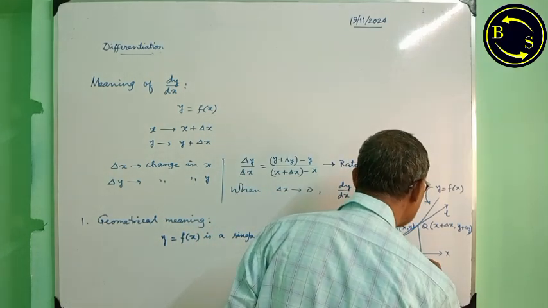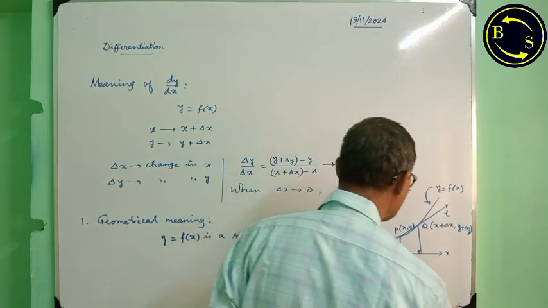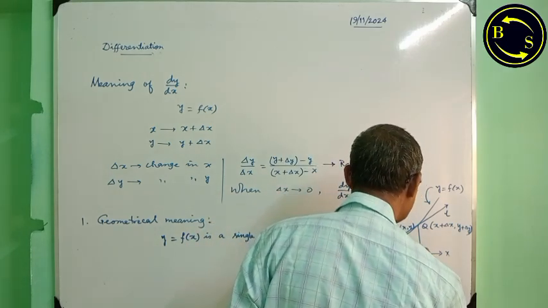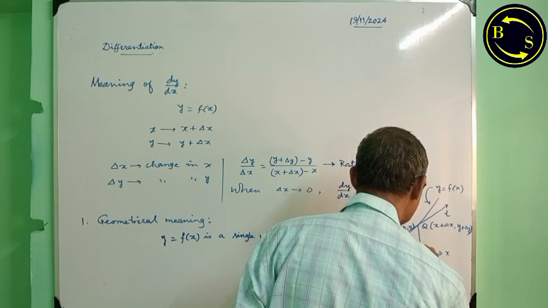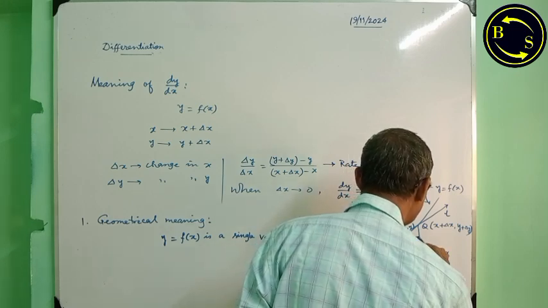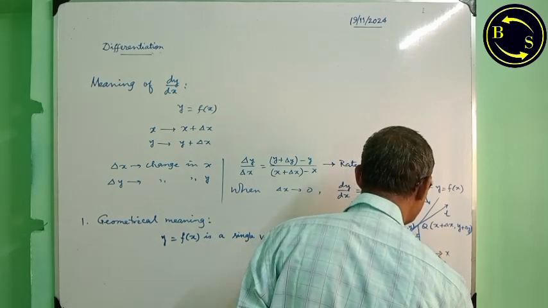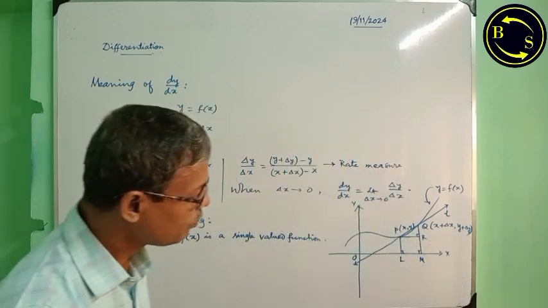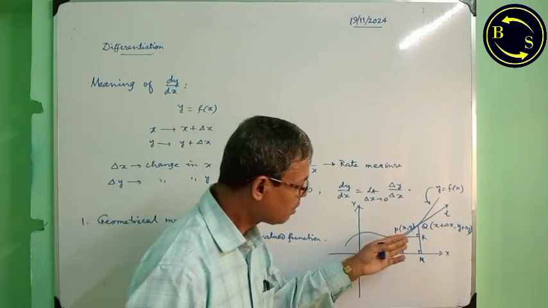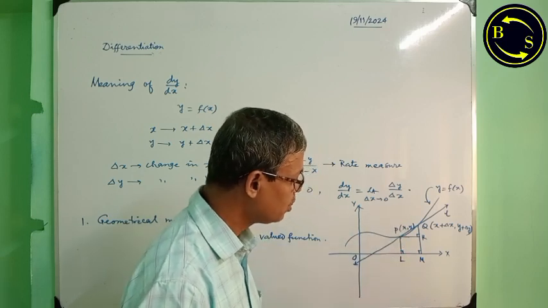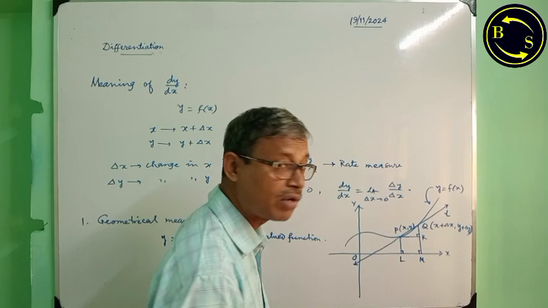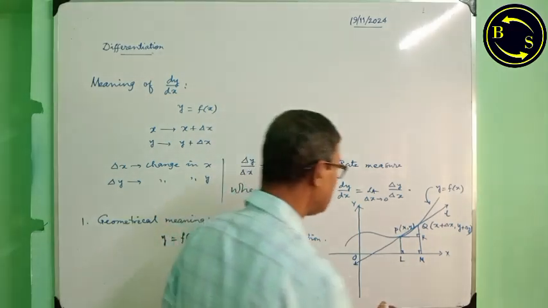Now after dropping perpendiculars from P and Q on the x-axis, say PL and QM, PR perpendicular on QM is drawn, so that we get a right triangle PQR.